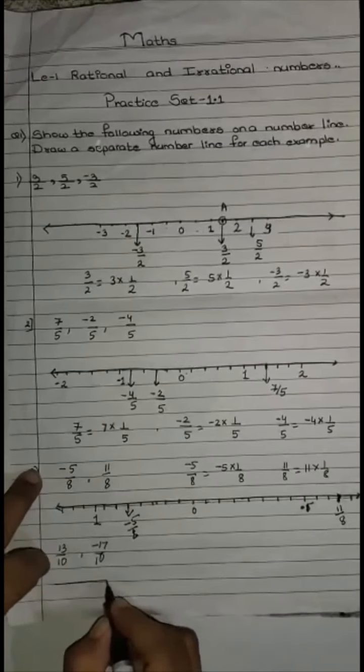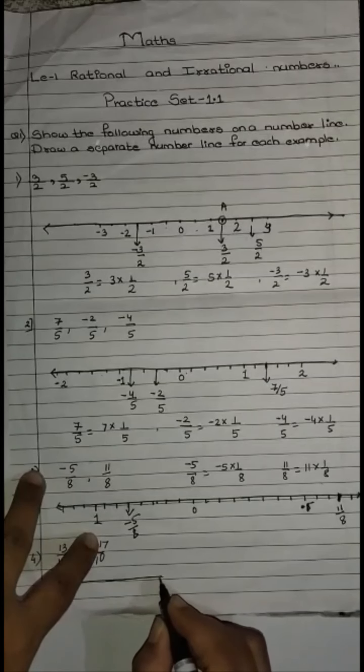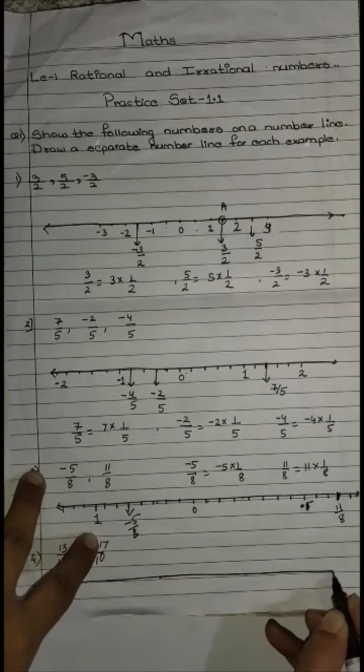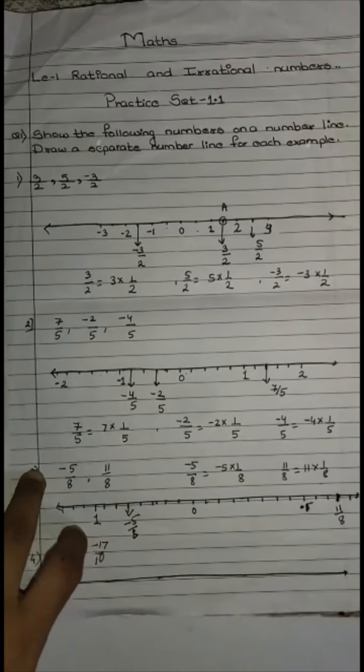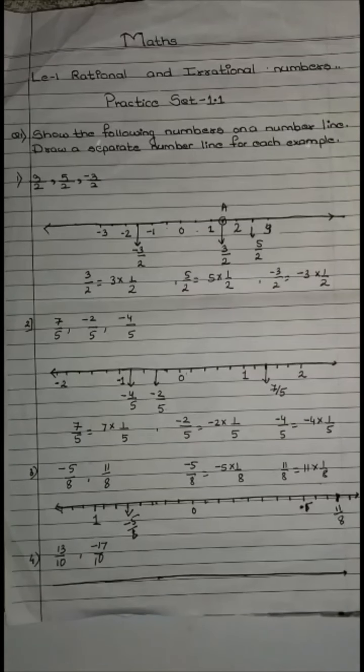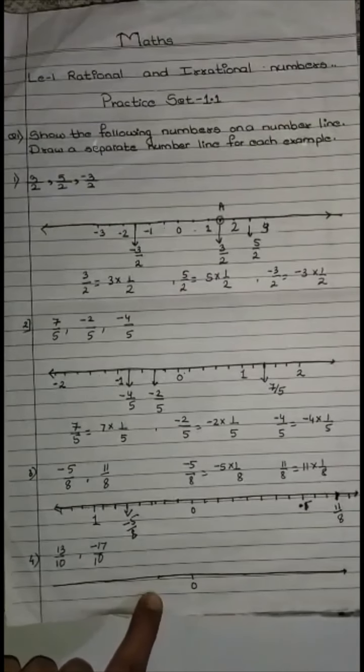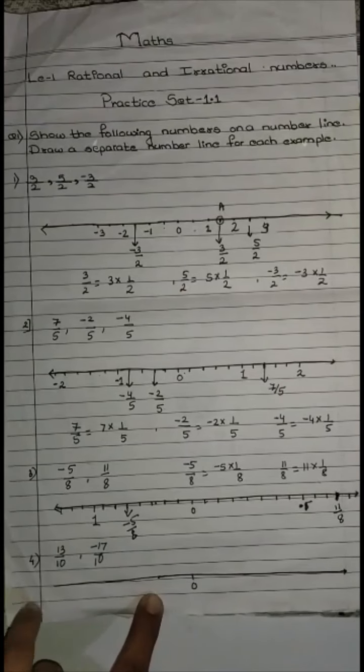Now again you have to draw the number line. Draw it properly. You use a scale. I am doing it by hand. Don't do it by hand. You have to use a scale. Here you have to write 0.